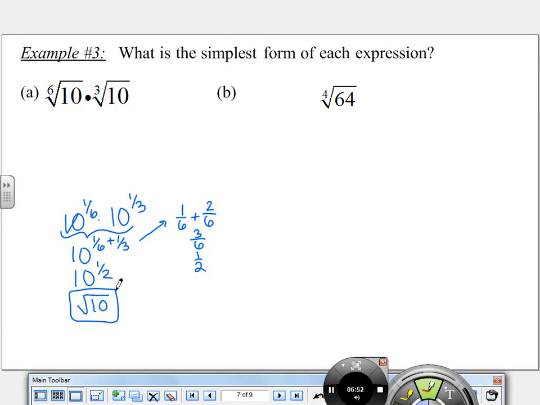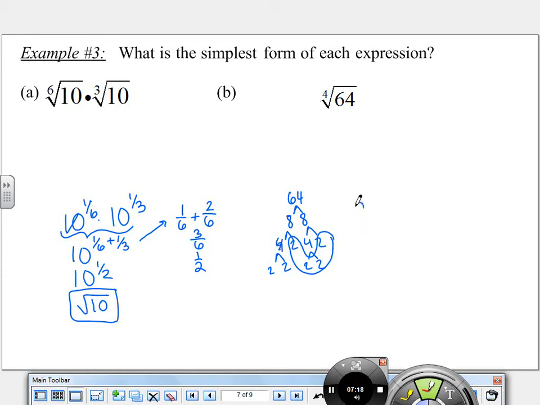Now in part B, you might see this as simple. 4th root of 64. If you break down 64, we have 8 times 8, 4 times 2, and 4 times 2, 2 times 2, and 2 times 2. So we do have a 2.